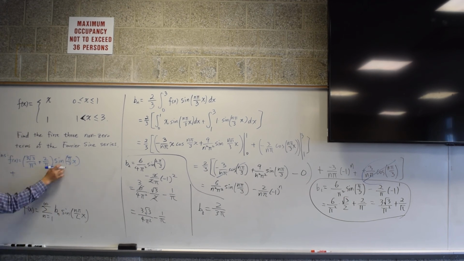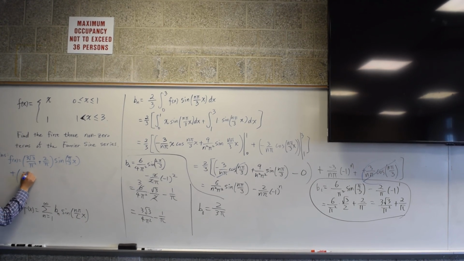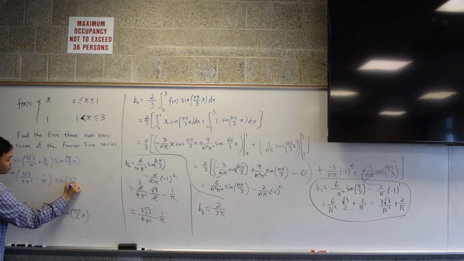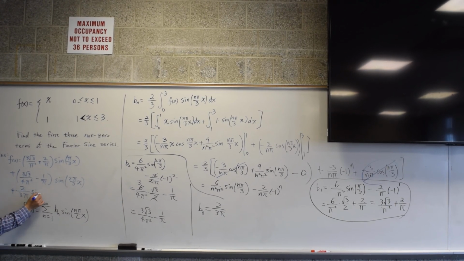That's B1 times this thing. Plus B2, which is 3 radical 3 over 4 pi squared minus 1 over pi, sine 2 pi over 3 x, because n is 2 and L is 3, plus B3, which is 2 over 3 pi, and it's sine of pi x, because if you plug in n equals 3, 3 and 3 cancel, it leaves you with this, plus many, many more terms.